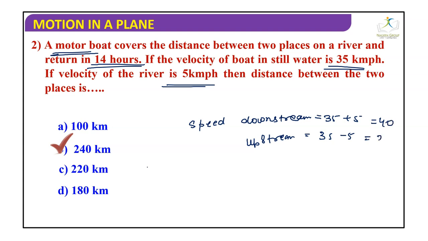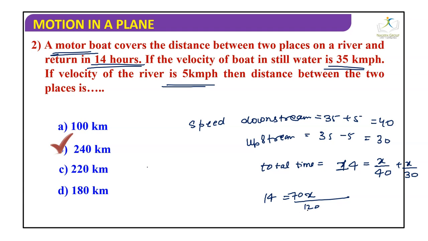This comes to 40 and 30, and the total time is 14 hours. So 14 is equal to x by 40 plus x by 30. This will be 30 plus 40, 70, over 1200. So 14 into 12 by 7 gives the value of x.